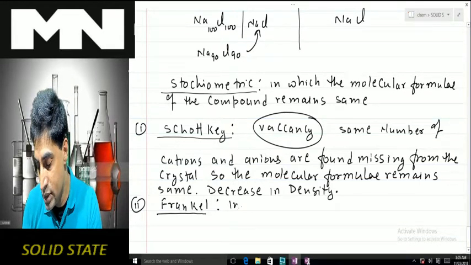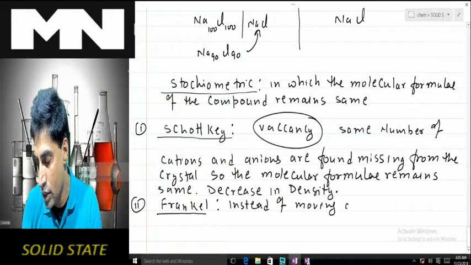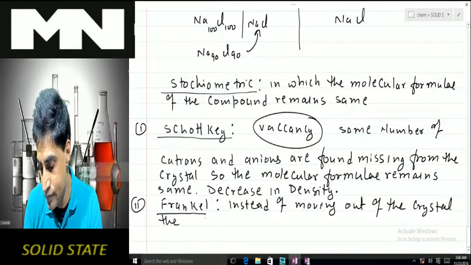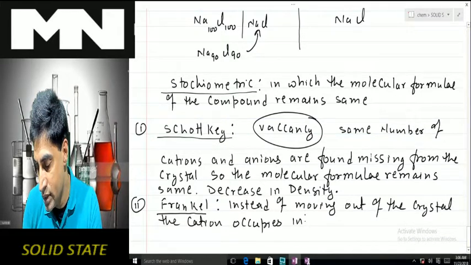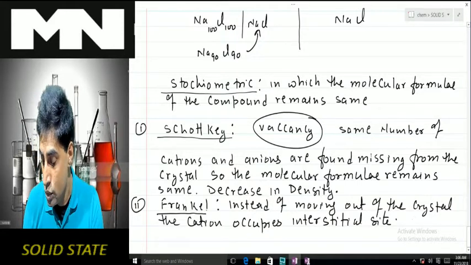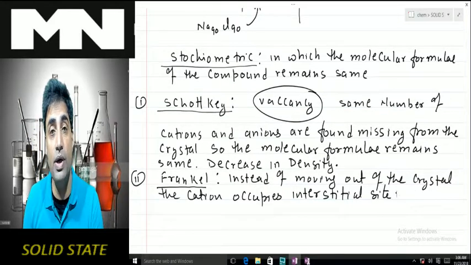So the number of ions per unit volume will remain same because the ion is not moving out of the crystal.